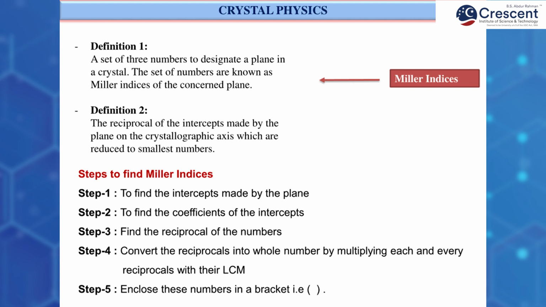Convert the reciprocals into whole numbers by multiplying them by their least common multiple. Take an LCM to convert these reciprocals into whole numbers. Enclose these numbers in a bracket, as shown in the slide, and that forms the Miller indices. These are all the steps to identify the Miller indices of a given plane of a crystal.